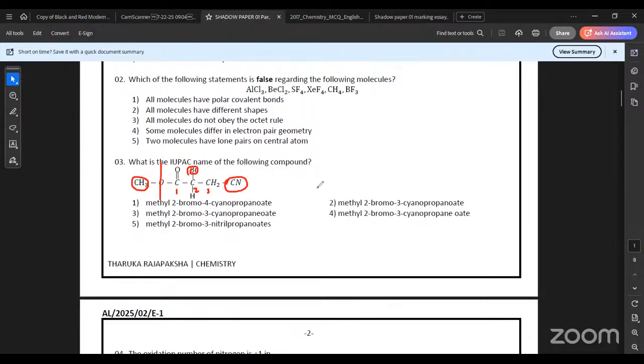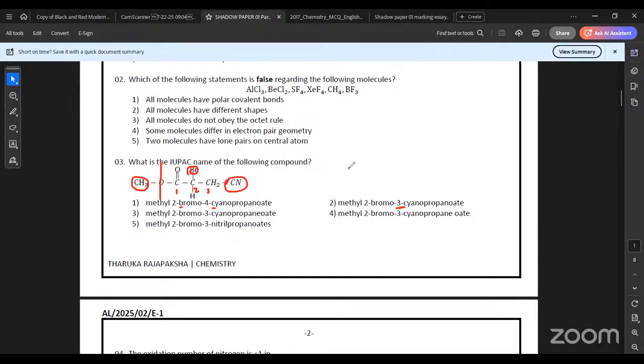In inorganic nomenclature, you go for cyanido. In organic nomenclature, you go for cyano. Remember that. So it is 2-bromo. Br comes first, so in alphabetical order B comes before C. So 2-bromo, then 3-cyano, not 4. We don't take this carbon. 3-cyano propan, it's 1, 2, 3.